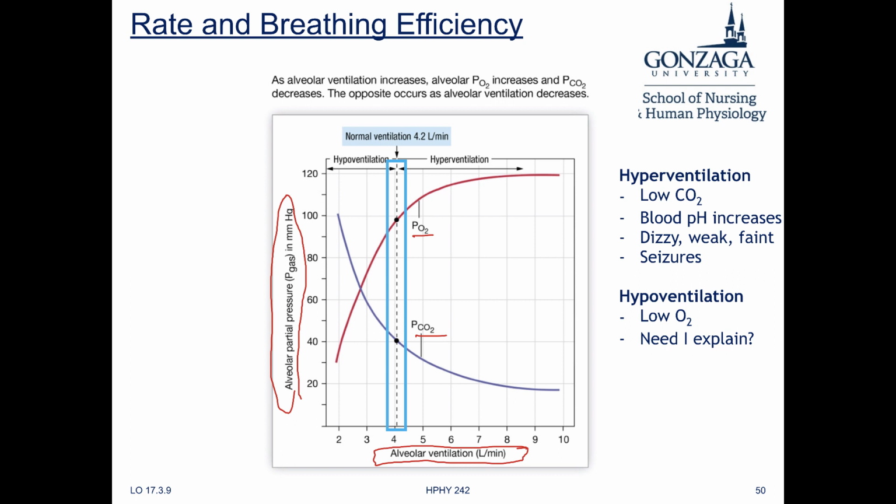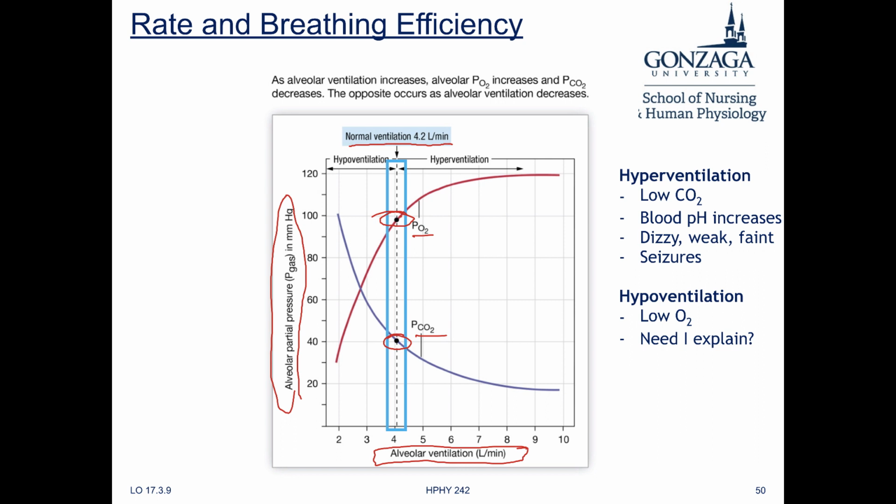If we start here in the middle with a normal ventilation rate, 12 breaths per minute, tidal volume around 500 mL, the partial pressure of oxygen in the alveoli should be around 100 millimeters of mercury, and the partial pressure of CO2 should be around 40 millimeters of mercury.